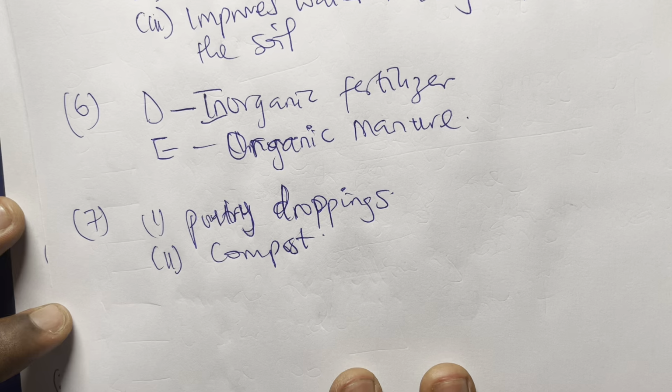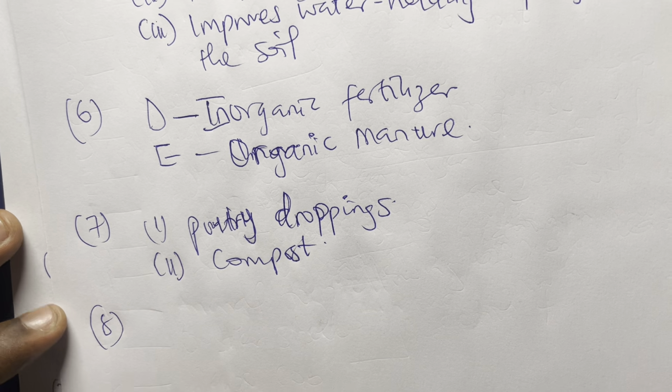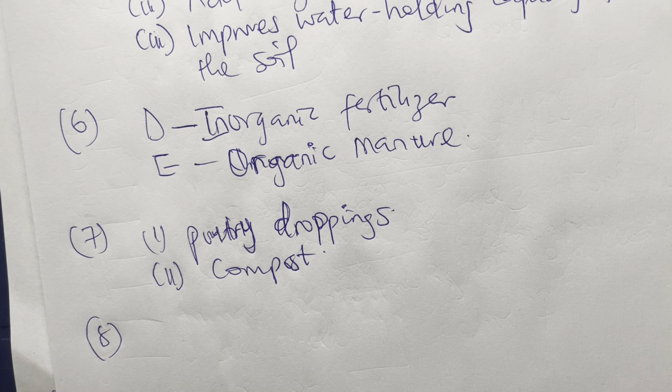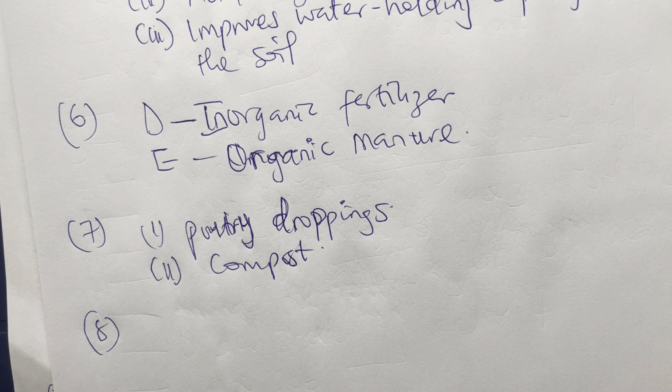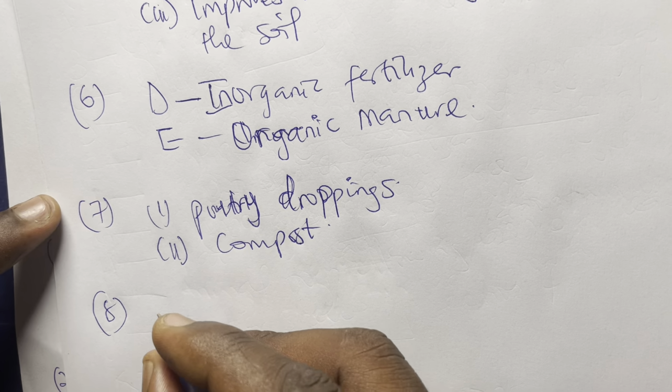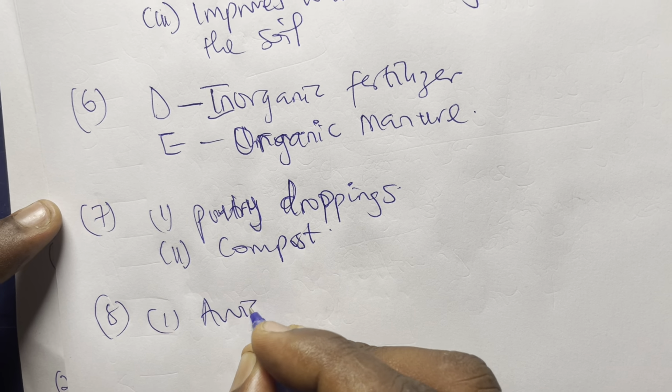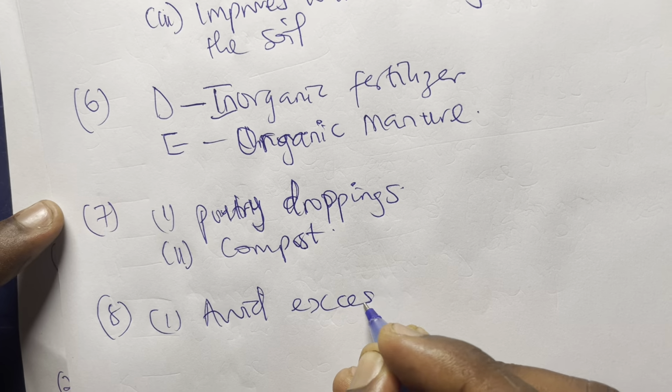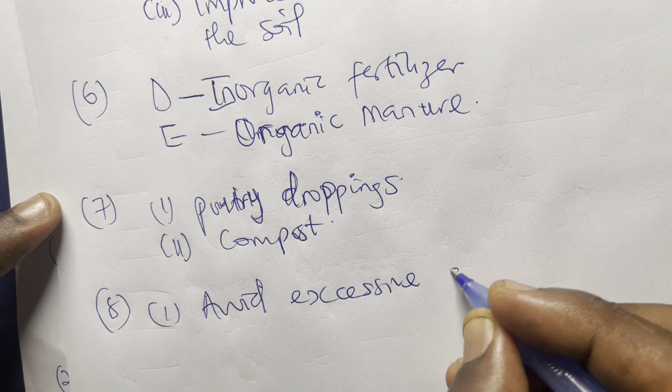Now let's move to another thing they can ask you based on this. They can ask you to list 2 precautions that a farmer should adopt when applying specimen E on the farmland. Number 1 is avoid excessive application.